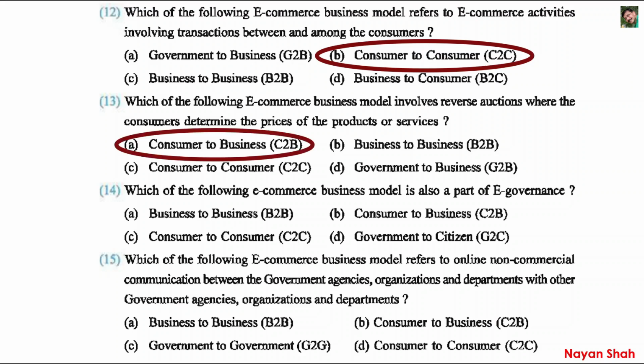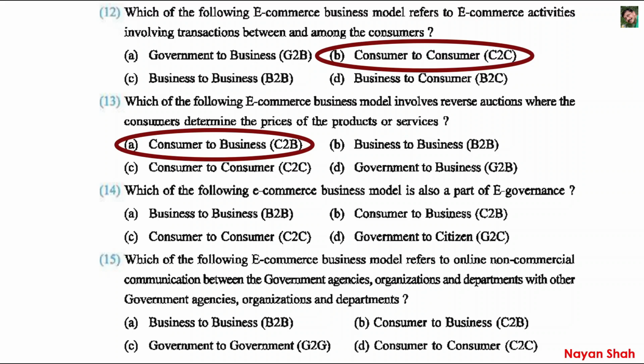So consumer to business is the correct answer, where the consumer puts his criteria, and if any business house is ready to provide that product according to the criteria set by the consumer, then the e-commerce activity will be carried out. So that is C2B, consumer to business. Question number 14.